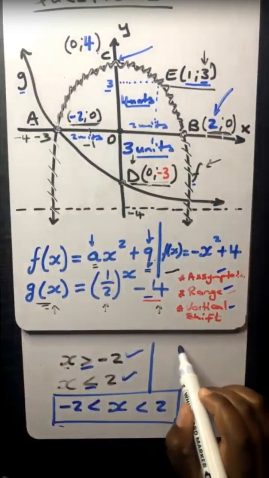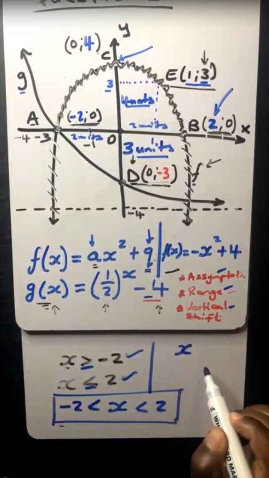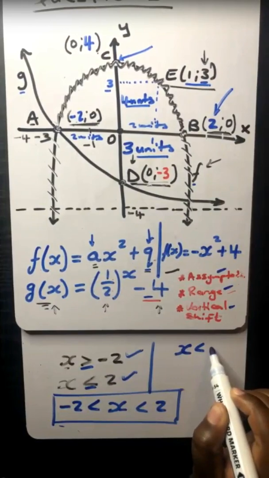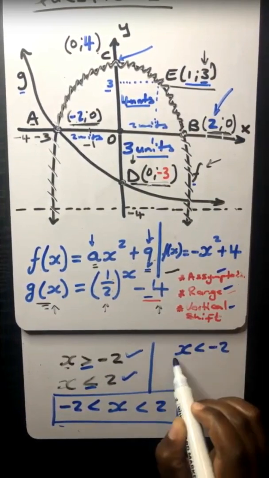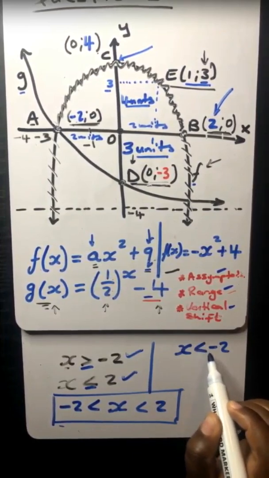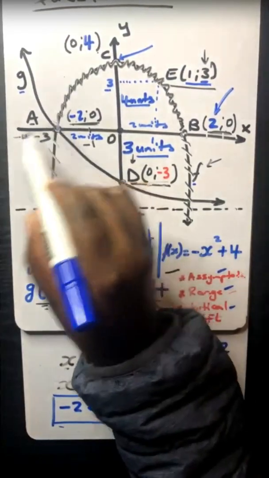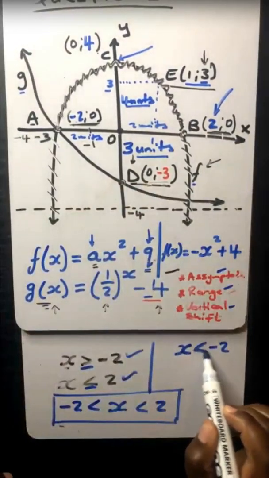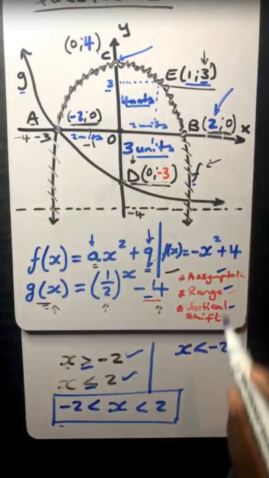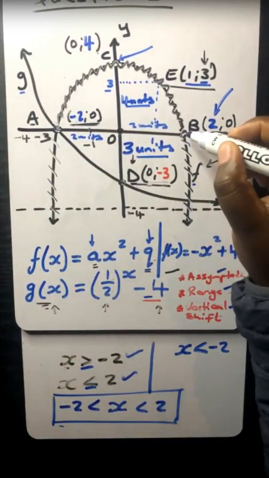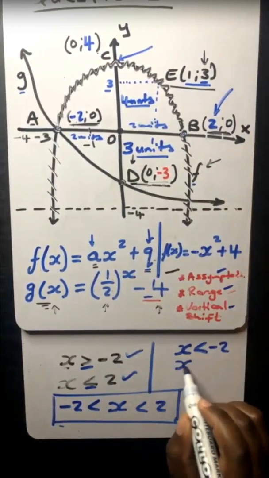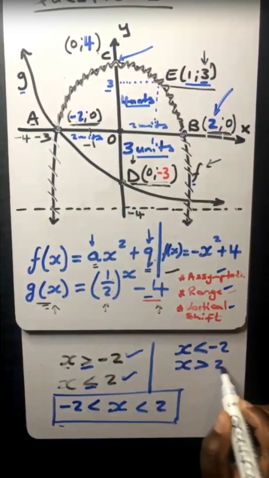So you are going to say, let's say, x less than -2. You can even see with the arrow there, it simply says from there in that direction. Again for this one, you're going to say from that point in that direction. That is why you say x greater than 2.